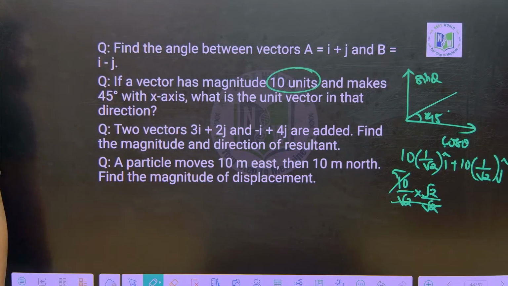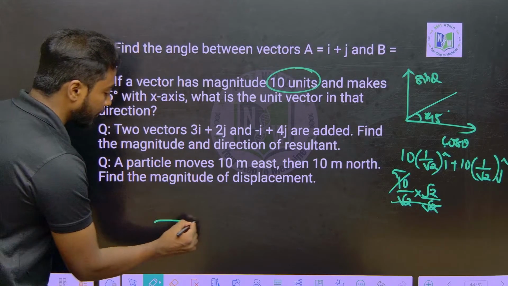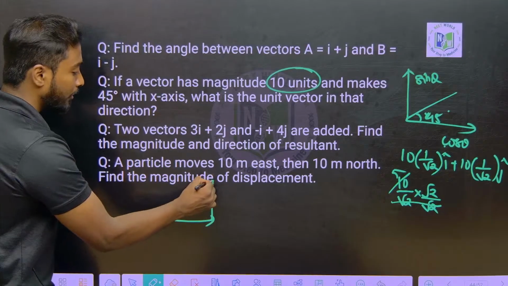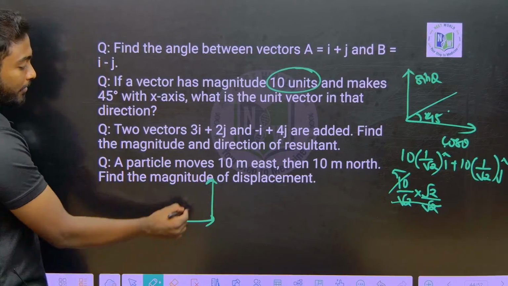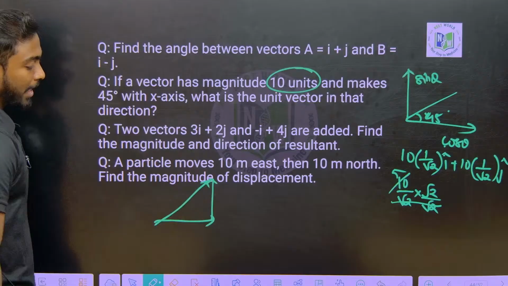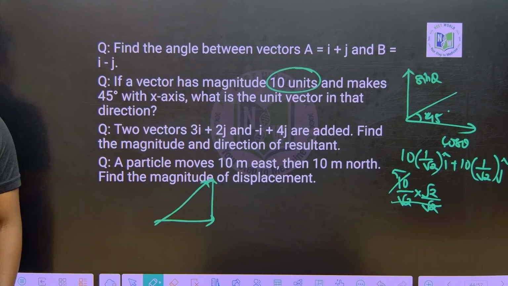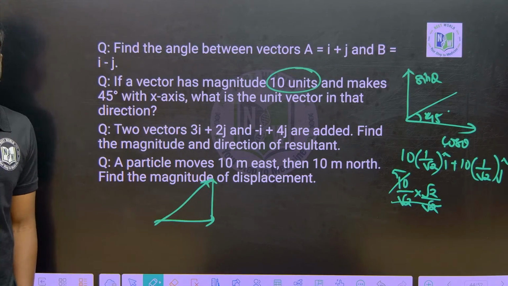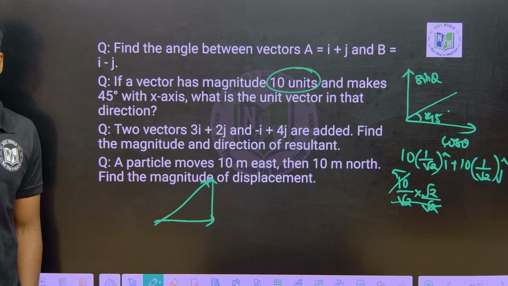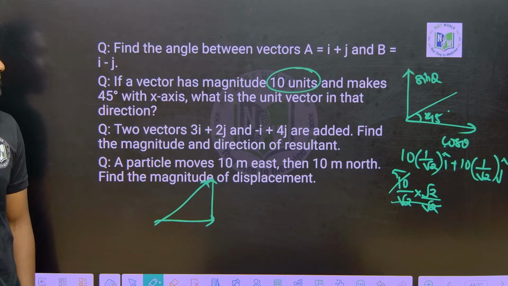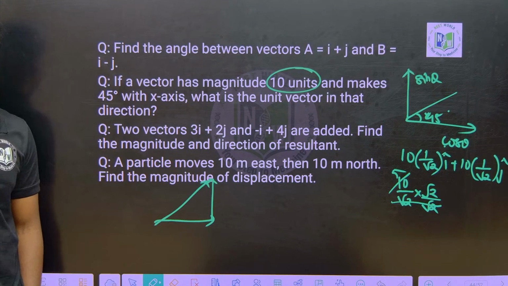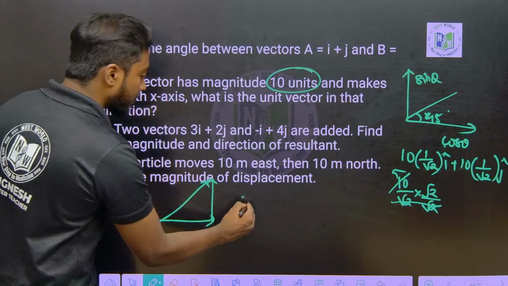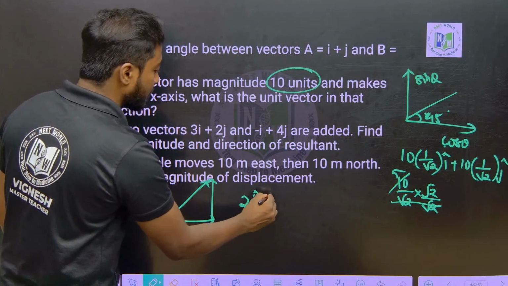What about the fourth one? First it is moving 10 meter east and then going 10 meter north. What is the resultant? Angle between them is 90 degree. 2i cap plus 6j cap, 2i plus 6j is the answer.